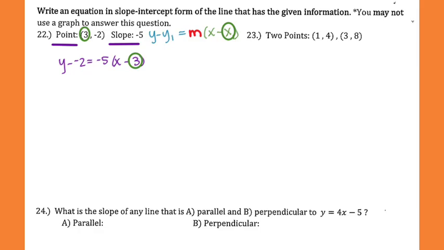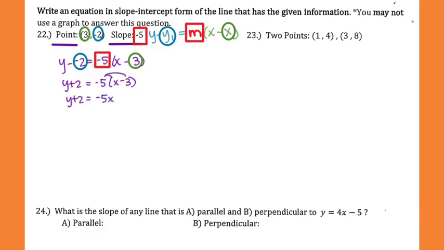Just to remind you, the 3 came from the x1, the negative 2 came from the y1, and the slope came from the slope, right? I rewrite this as y plus 2 because a negative 2 is positive. Then I distribute the negative 5. And then I solve for y, subtracting 2 from both sides. And this is my equation of the line that would go through that point and have that slope.